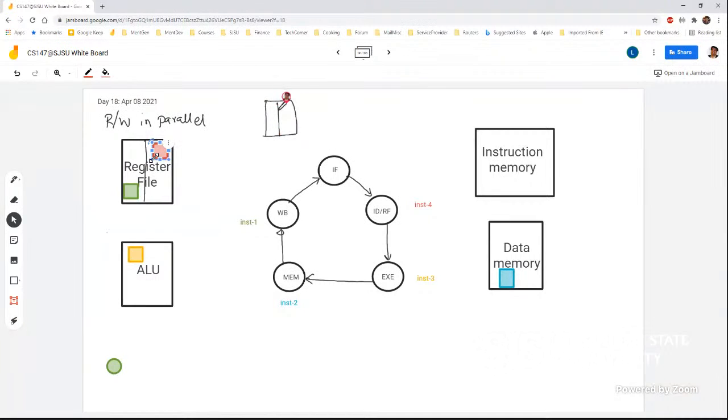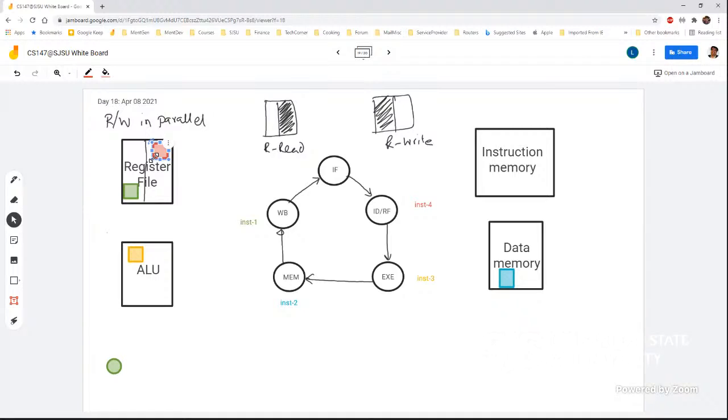This is register read. And whenever some action is writing onto the register, this is a register write.